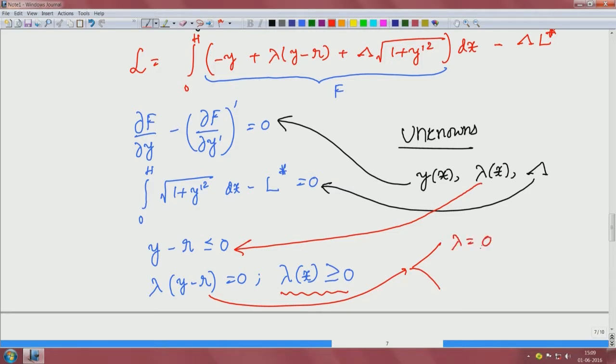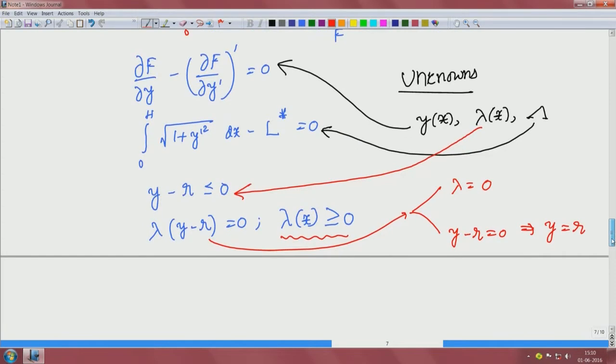One is lambda equal to 0, other is y minus r equal to 0, where y minus r is easy to deal with. We get y already, y is r, that means that you follow the river profile. Whenever you do not follow the river profile, then lambda equal to 0, the constraint becomes inactive. Okay. So, let us first write this Lagrange equation that we have here for f.